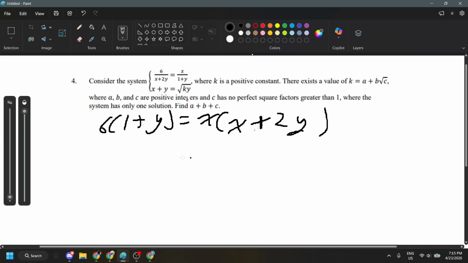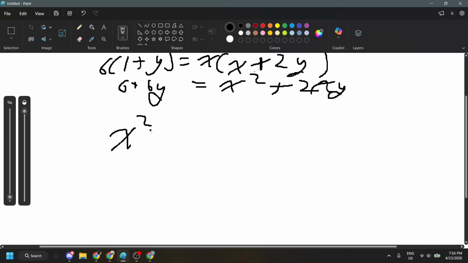So then expanding this, 6 plus 6y is equal to x squared plus 2xy. If I square this on both sides, we get x squared plus 2xy squared, or plus y squared, is equal to ky.